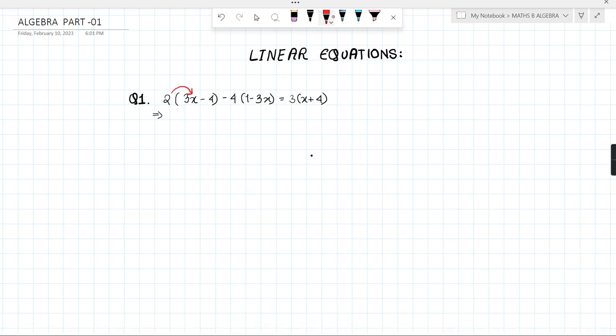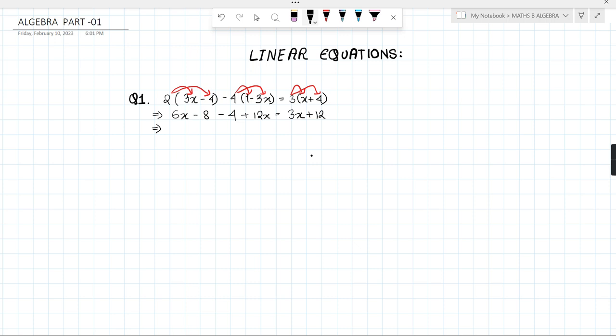So 2 into 3 is 6x minus 8. And 4 into 1 is 4, and 4 into minus 3x is minus 12x, equal to 3x plus 12.